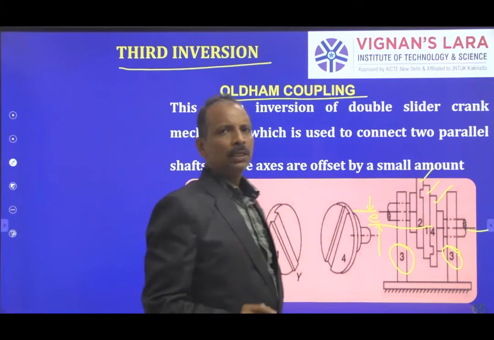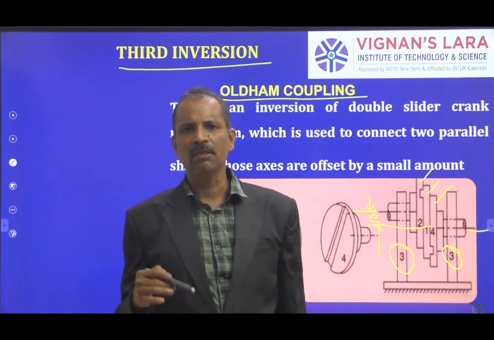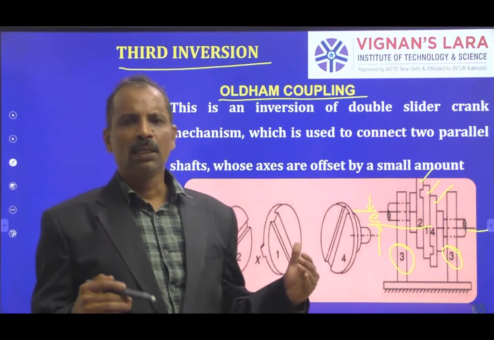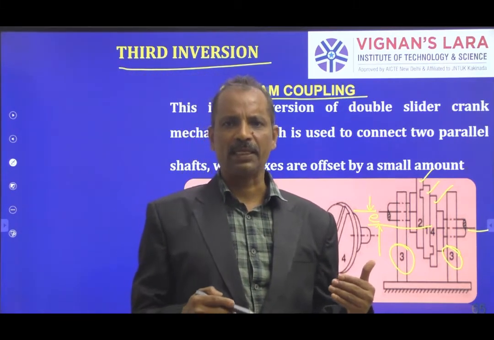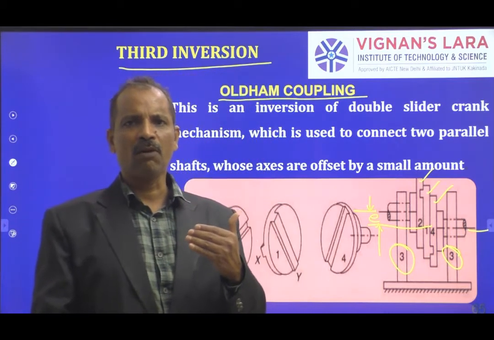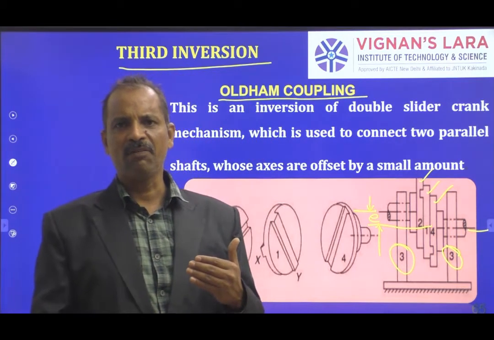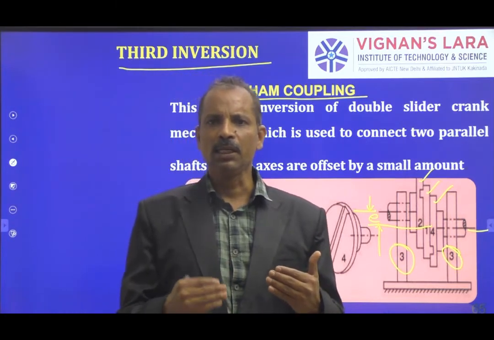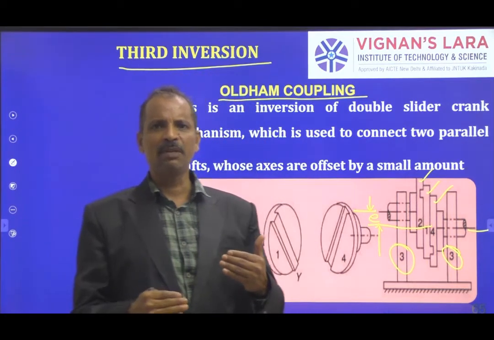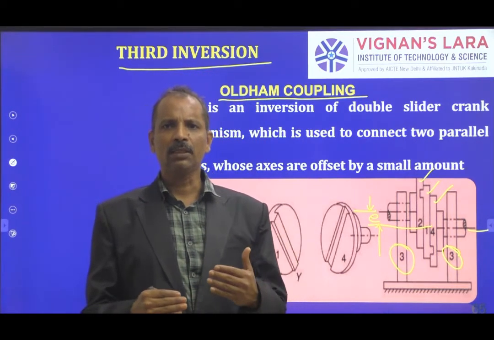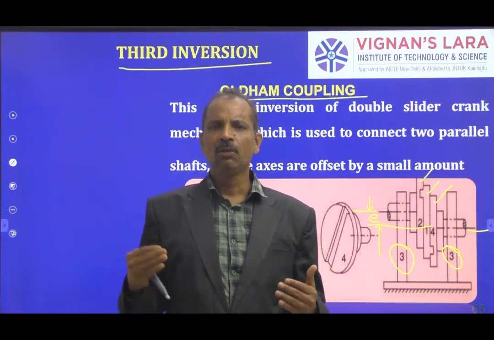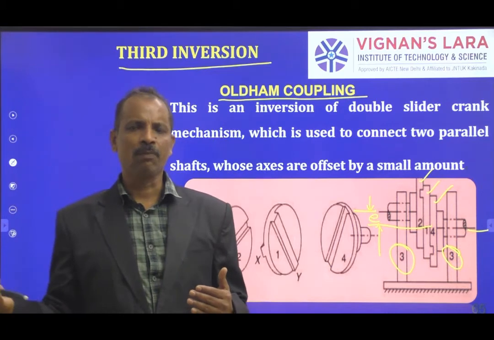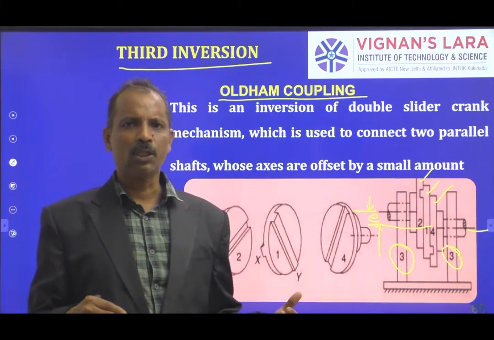There are so many practical cases where we see that the input shaft axis does not match the output axis. There is some amount of axial misalignment, which is available in the system itself. We cannot change anything. The only thing is we can have a device which can transmit the motion from one element to the other element smoothly.